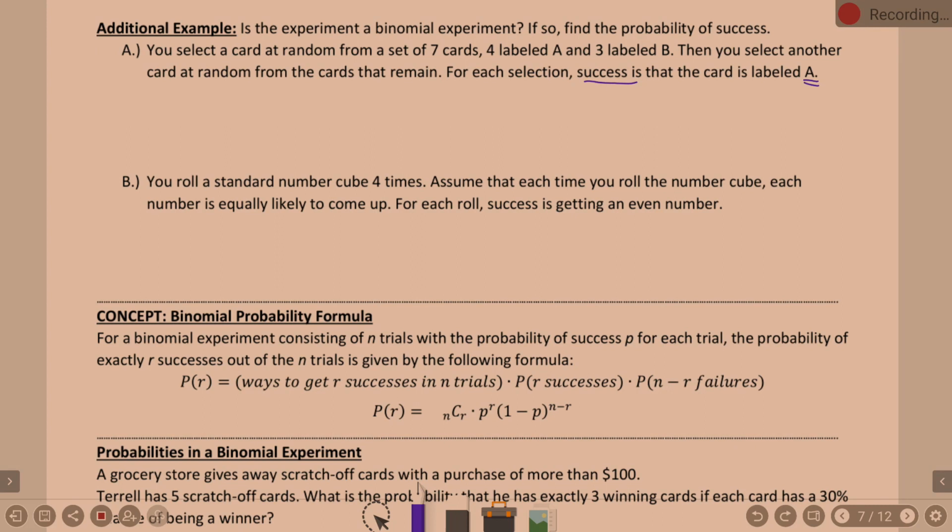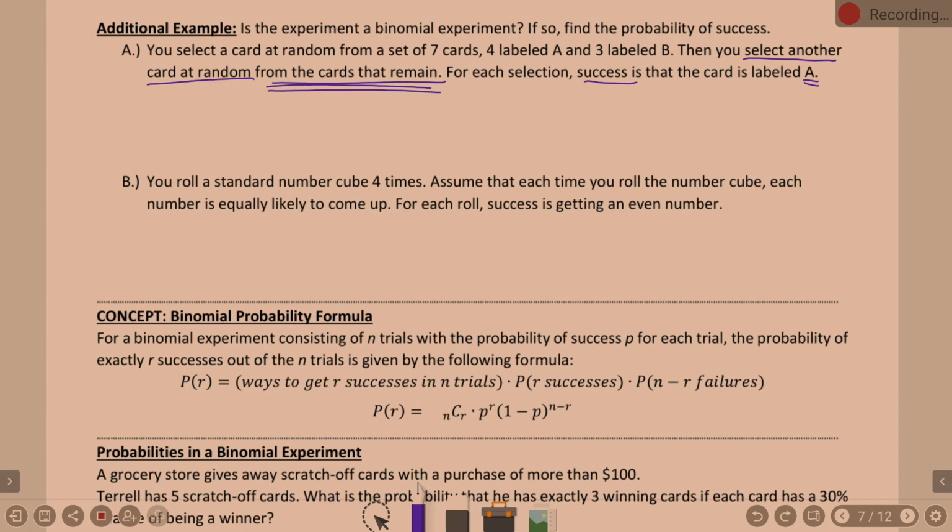So, think about those 3 items. Are there 2 outcomes? Are the results independent? And is the probability of success the same for every trial? Now, if you start thinking through those, there should be something that comes to mind here. Because what does it say here? Then you select another card at random from the cards that remain.